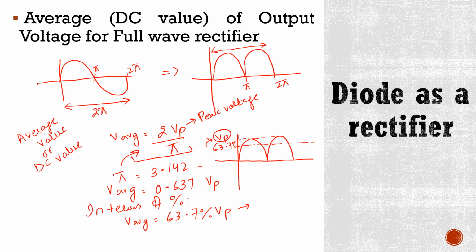And since it is a constant or a DC value, so it is represented by this straight line. Okay, this is VDC or V average. So this is the average or DC value of output voltage for a full wave rectifier.